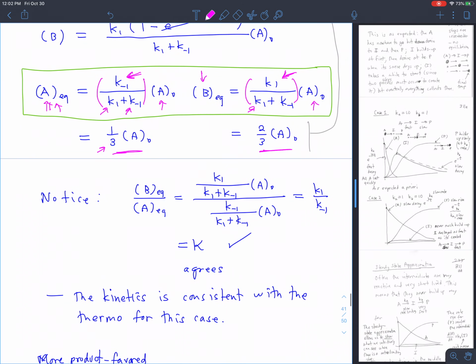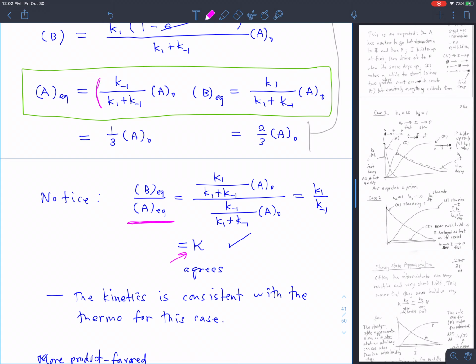Yes, it is worth noting, now that we have these formulas for what the equilibrium values of A and B are, that they are consistent with and satisfy the thermodynamic condition, right? The thermodynamic condition is that at equilibrium, the B concentration over the A concentration has to equal the equilibrium constant.